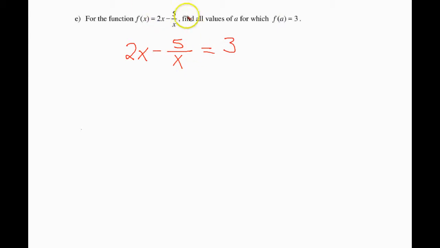Now they could have said that originally, but they want you to be exposed to function notation. This is a value that will be equal to this value. So what's our common denominator here? X.